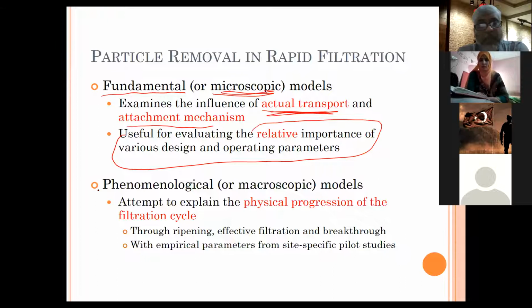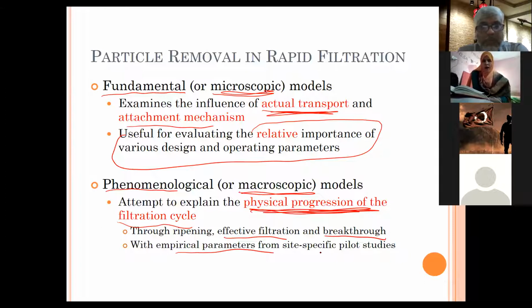Another type of model is the phenomenological or macroscopic model, which is based on phenomena, attempting to describe whatever is physically happening during the progression of the cycle. It tells us effective filtration and breakthrough, using some empirical parameters from specific studies.